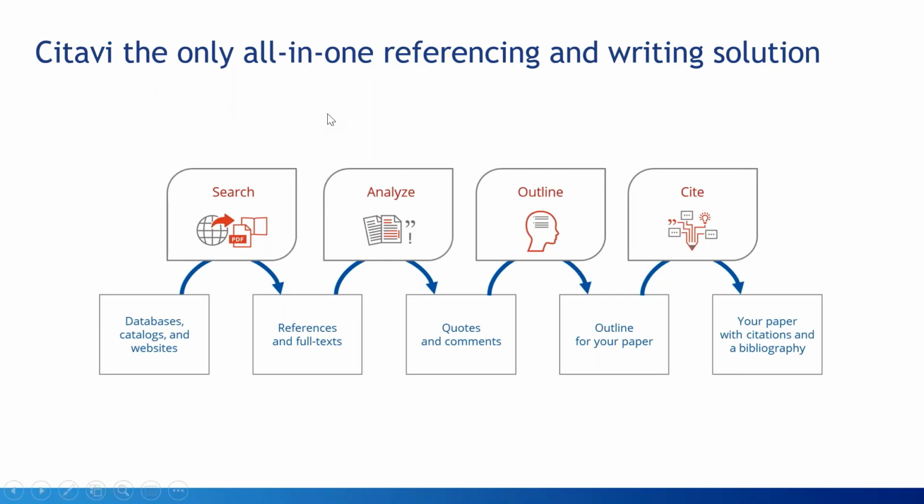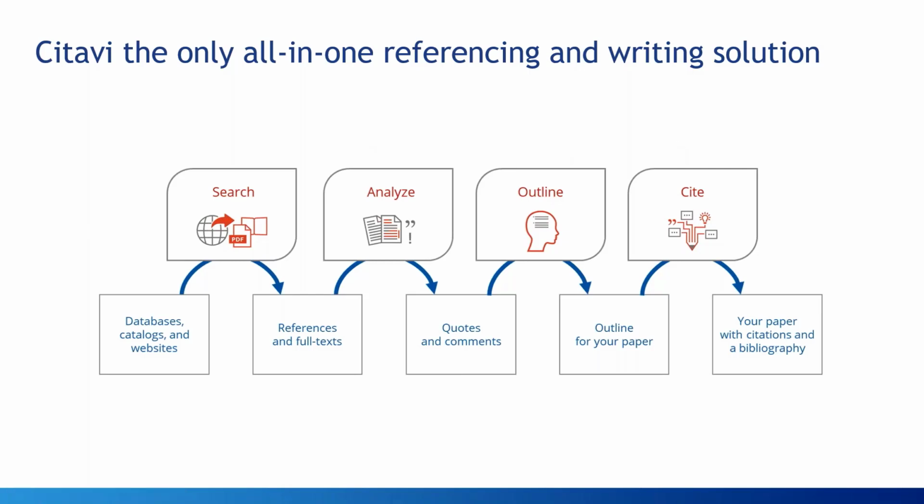Now, when we're using Citavi for our referencing and writing solution, people use it in these ways. It helps you search through your databases, whether you have your own PDF files or catalogs, or you're going to websites to find your resources or references. It can bring in references and full text. It also helps you analyze those by helping you pick out quotes or comments that you want to bring into your literature, and also helps you outline.